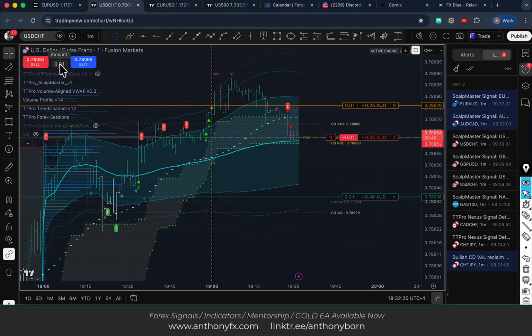If you increase that lot size and this goes against, that's when you lose control, you get emotional, right? You've got a lot at stake, and when you get stressed, if this hits my stop, I don't care. It's 25 cents, right?